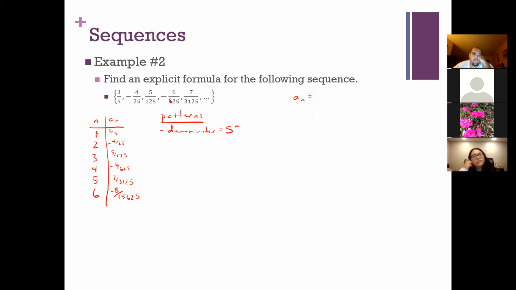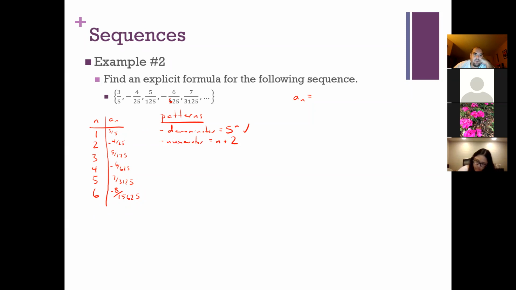So if n equals 1, 5 to the 1 is 5, 5 to the 2 is 25, 5 to the 3 is 125, and so on. That'll always hold. What else is going on? N plus 2 numerator. So numerator equals n plus 2. Yep, I think that makes sense.